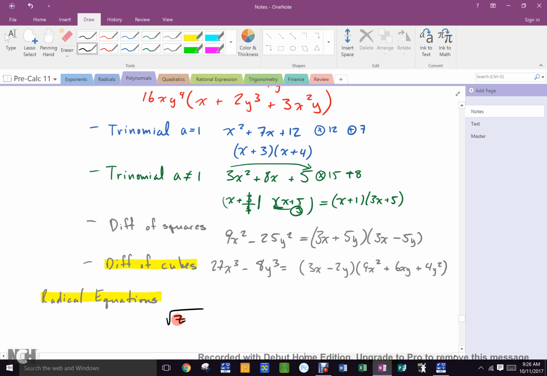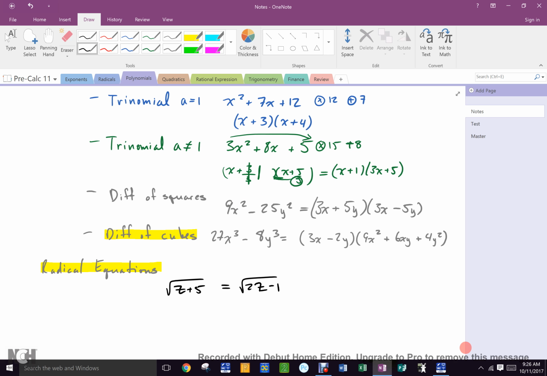Let's do this one. Square root of z plus 5 equals the square root of 2z minus 1. Radicals on both sides. What do I do? Square both sides. So what do I get? z plus 5 equals 2z minus 1.